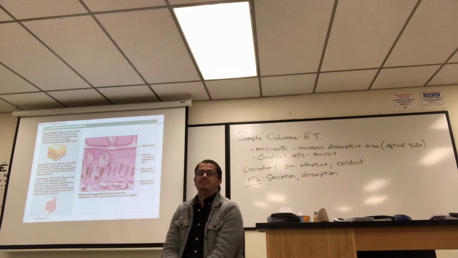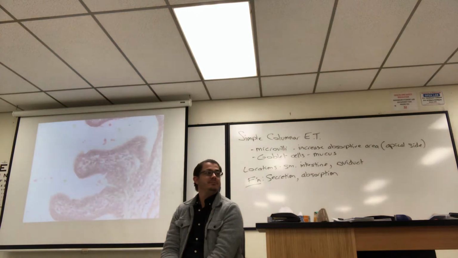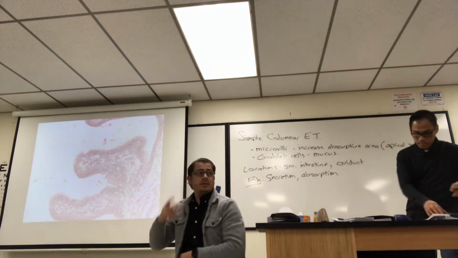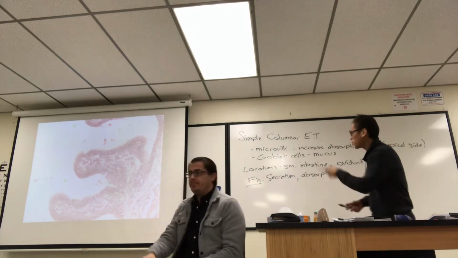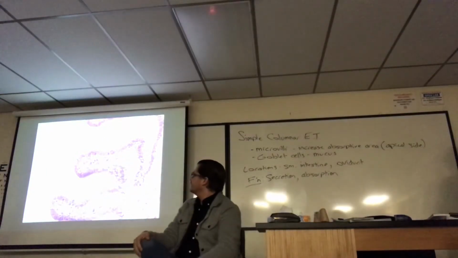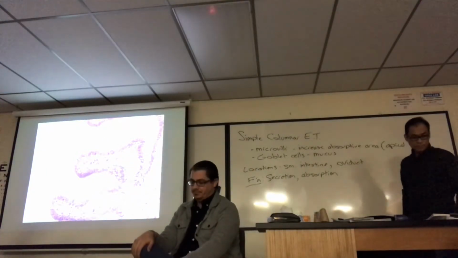I have a picture of this tissue on the next slide. Let me turn the lights off for this one, it's kind of hard to view. Let me get my pointer.